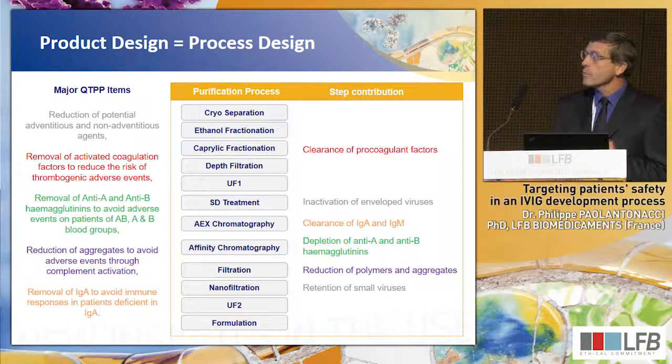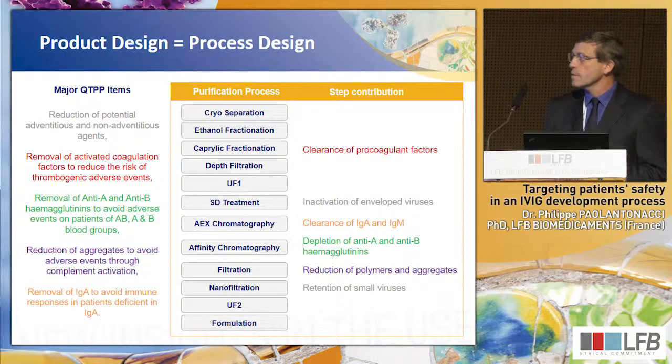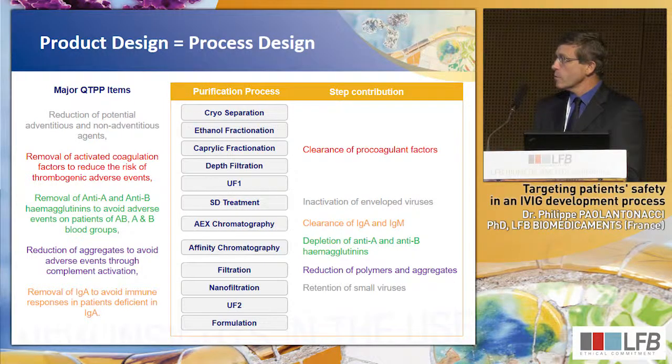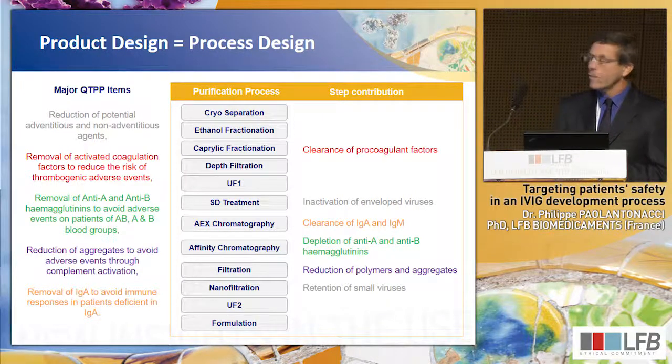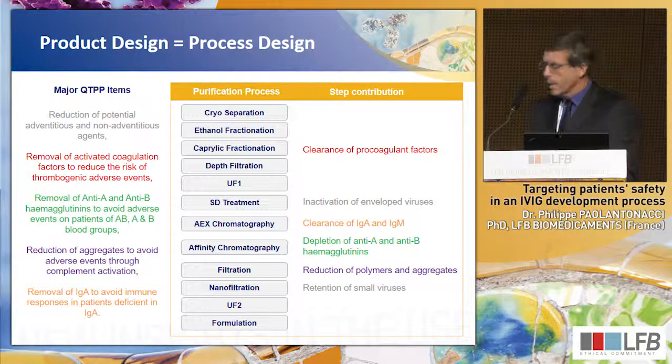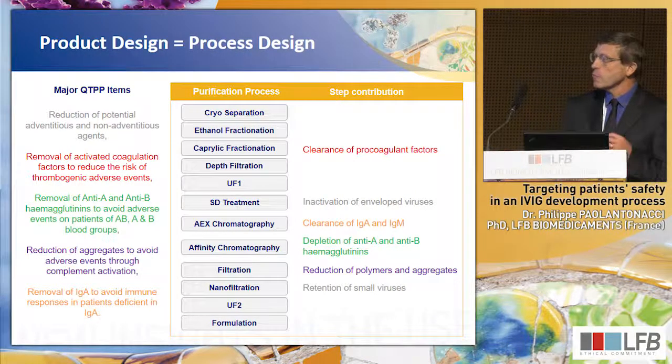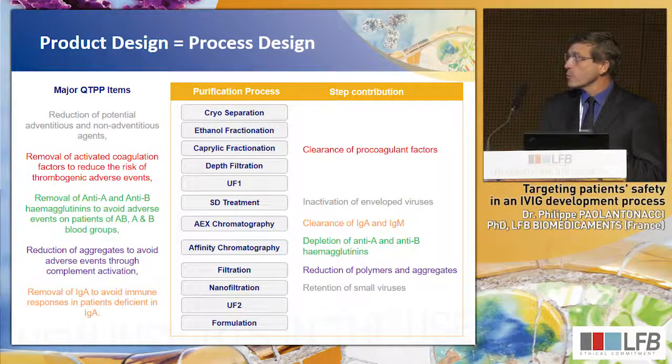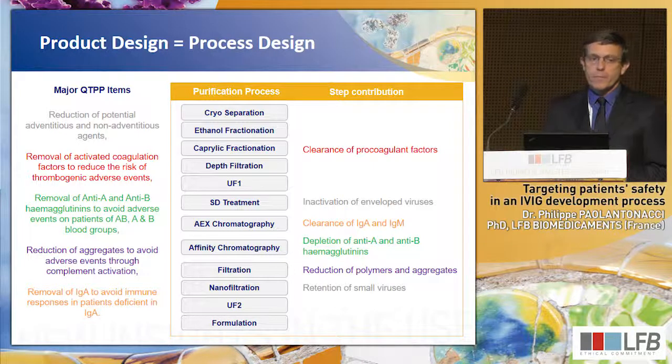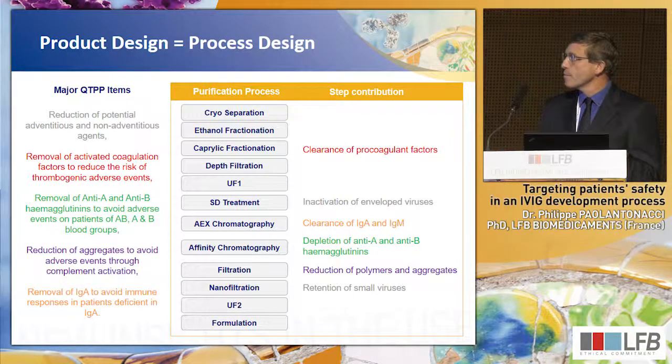Another one is related to depletion of hemagglutinins, with a specific affinity chromatography we patented at first and developed for this purpose. The other one is related to removal of aggregate proteins, with a specific filtration step in the process. And the last major item is related to removal of IgA, which is obtained through anion exchange chromatography. So you can see that for each item, we have one or two dedicated purification steps.